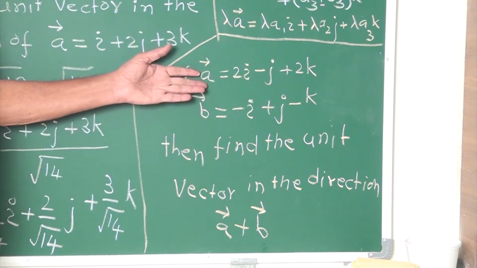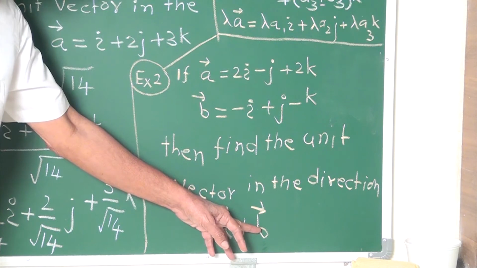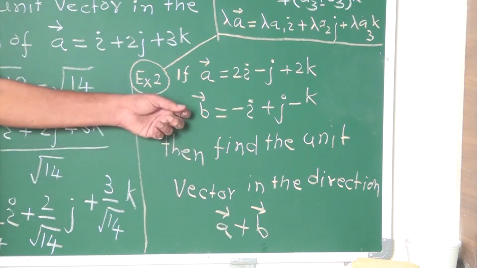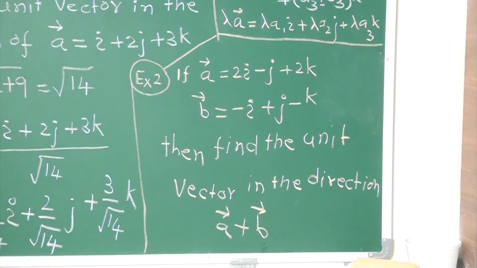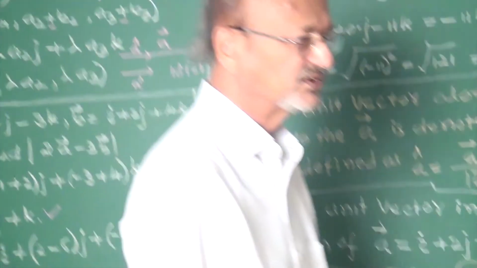Then wanted its magnitude. The cap is A cap, A plus B divided by its magnitude. We can find it, otherwise I do it. Just copy this, my friends. All this you copy. Two minutes time.